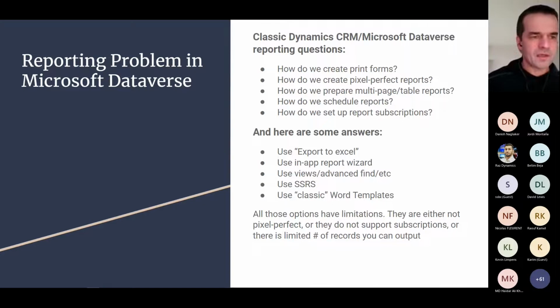So we looked at some other options, and just about that time, the Microsoft Power BI team released something called Power BI Paginated reports, which is not the same as Power BI reports, which are mostly dashboards, right? But when we looked into Paginated reports, it turned out to be almost a successor to SSRS.